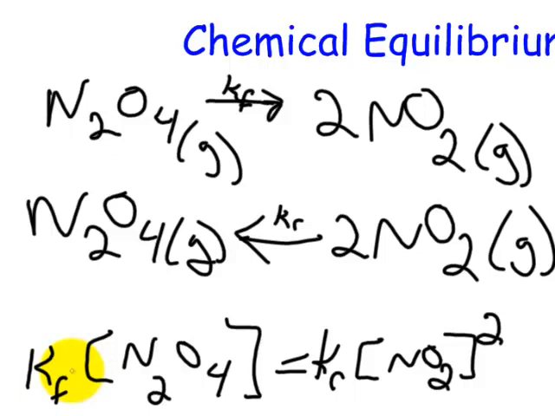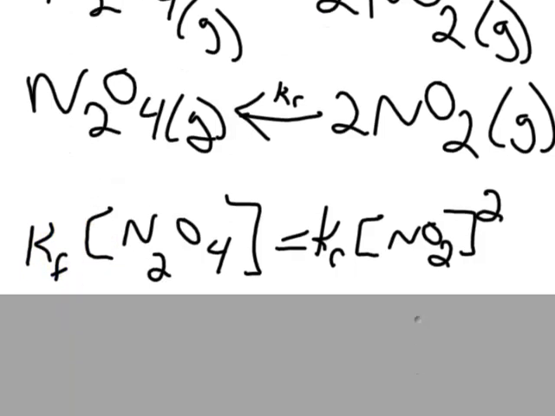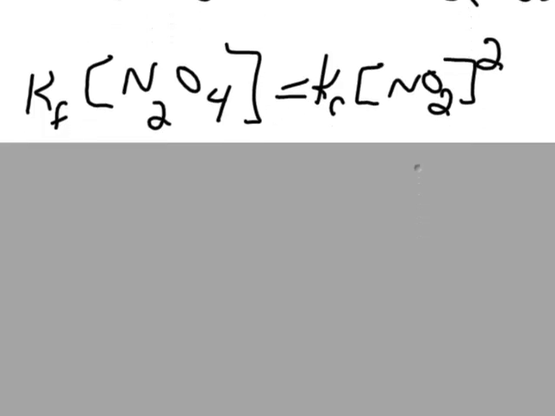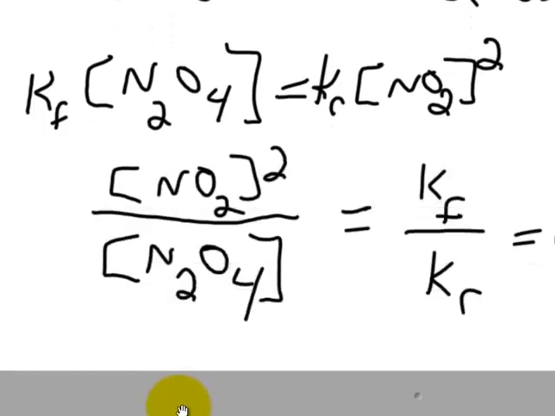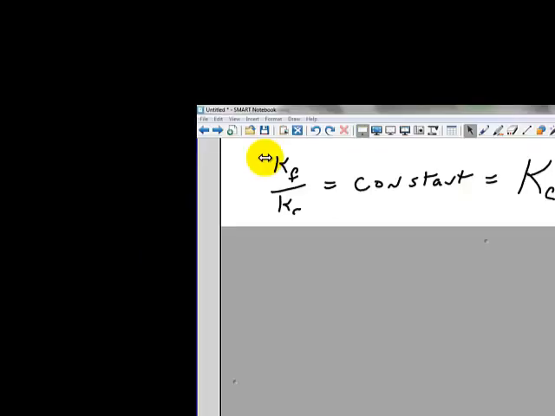Okay, so that means we can rearrange this equation to look like this. NO2 squared over N2O4 is equal to a ratio of the rate constants, which in fact is a constant itself. Let's think about that a little more closely.